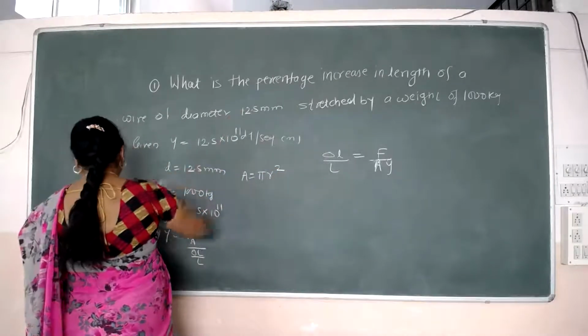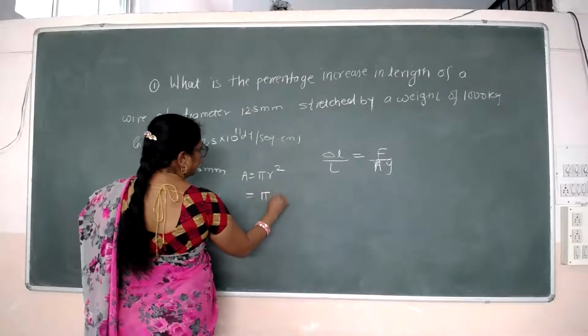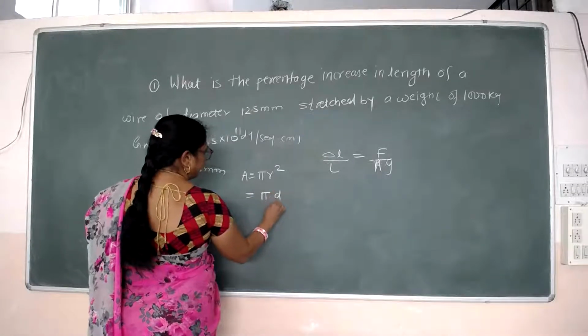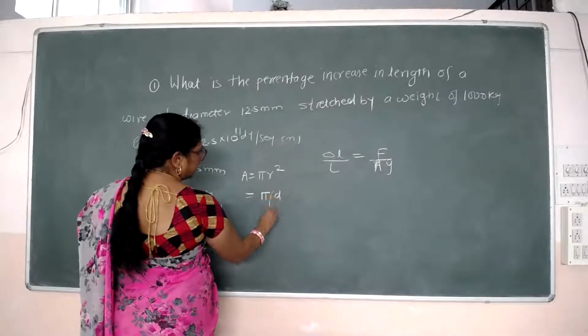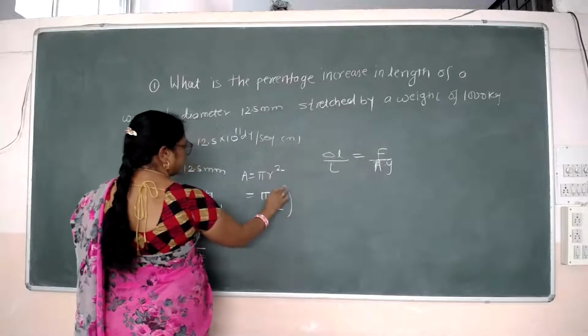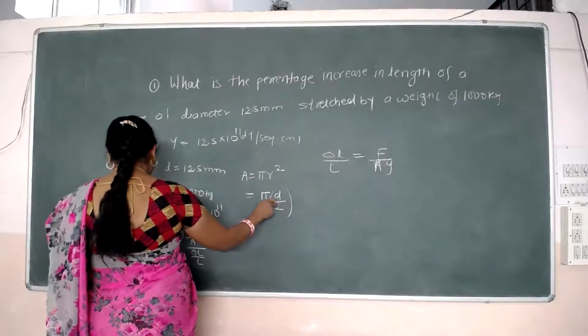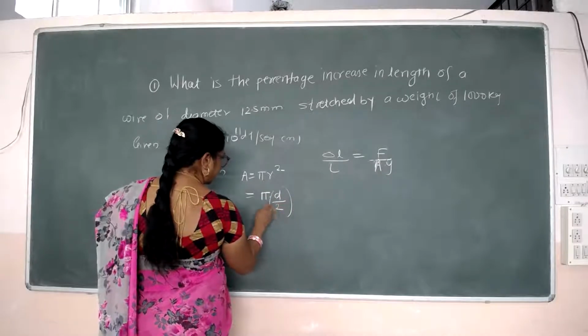Here d is given, and the radius is equal to diameter by 2, therefore r square means d square divided by 4.